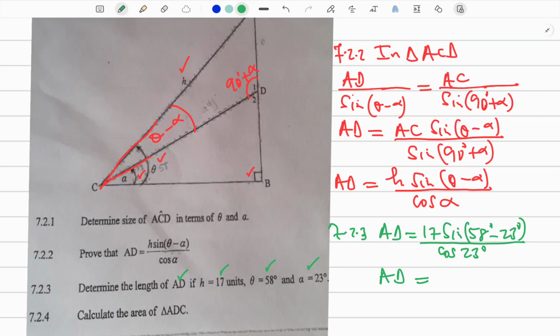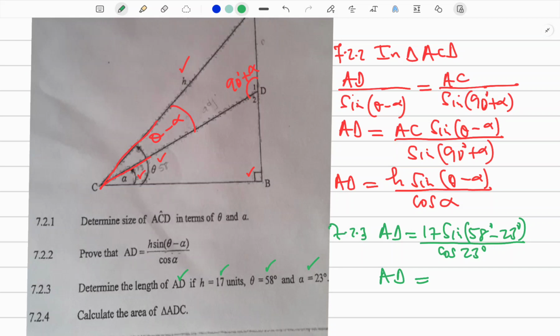Let me also determine that using a calculator here.